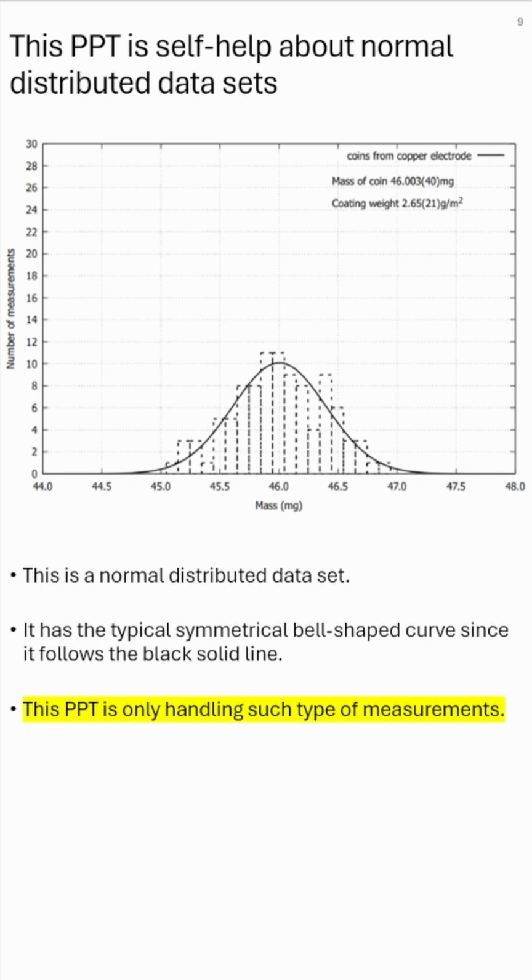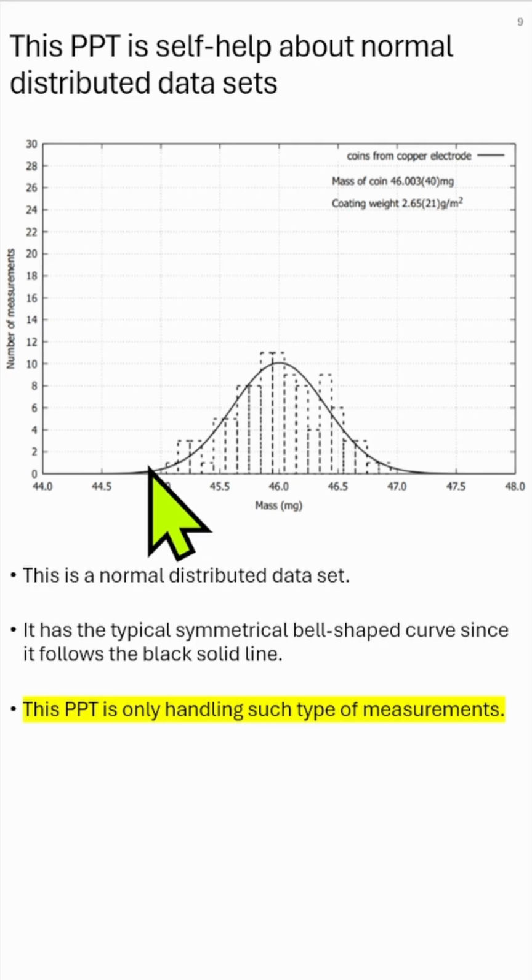So this PPT is a self-help about normally distributed datasets. We only work with normally distributed datasets. So what is a normally distributed dataset? Now I have on the slide the same old histogram with our coated copper coins that had that larger standard deviation of 0.40 milligram.